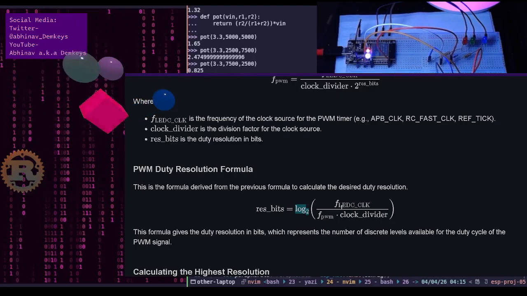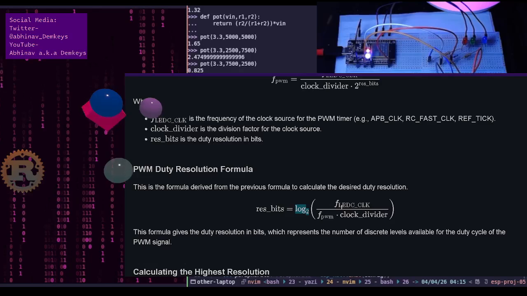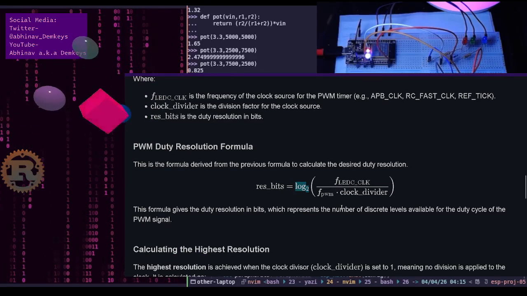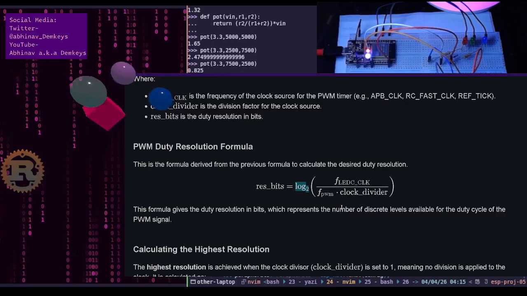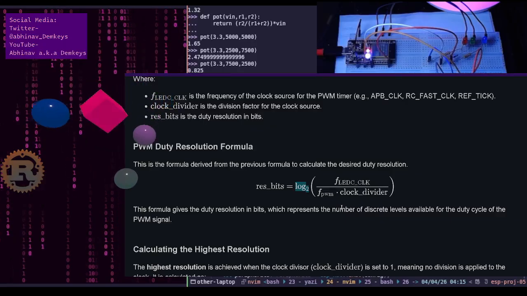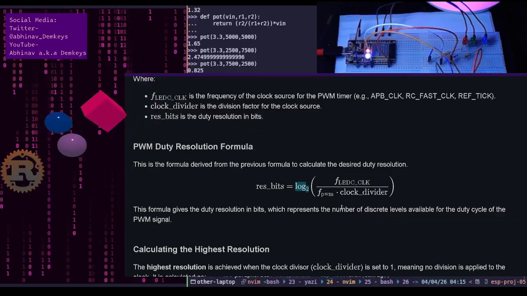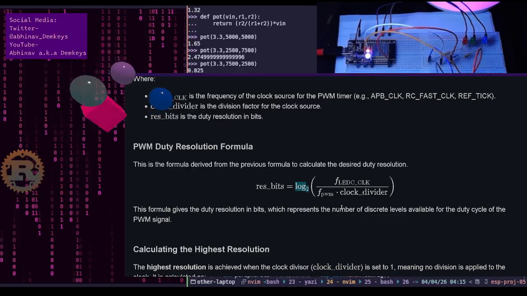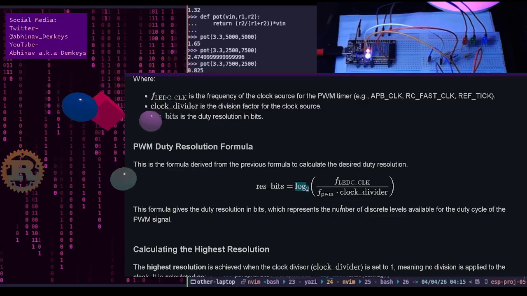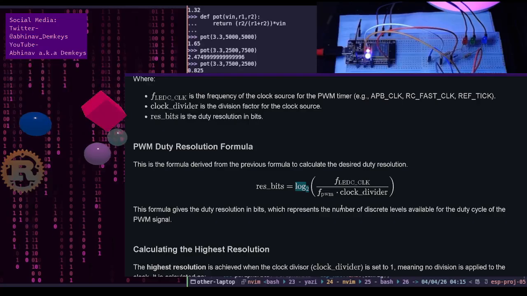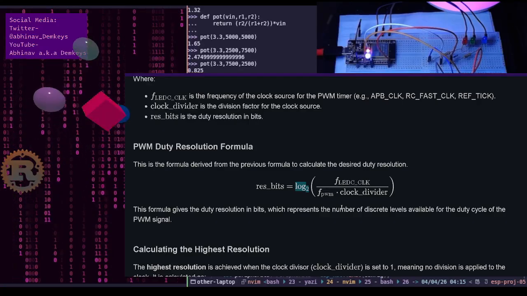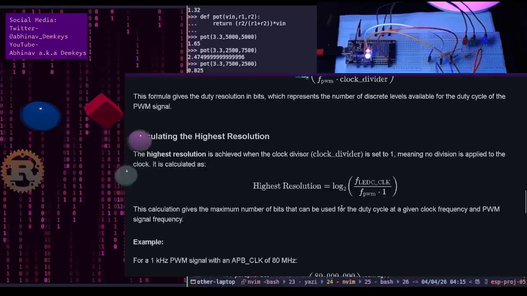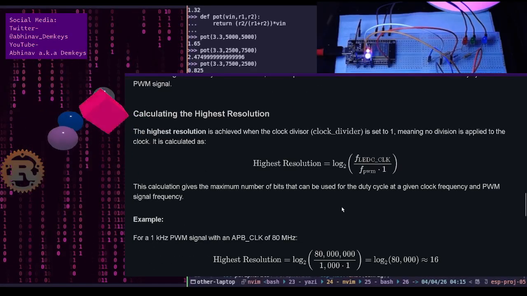And here I'm glad that I know what logarithm is. Okay, this formula is derived from the previous formula to calculate the desired duty resolution. This formula gives the duty resolution in bits, which represents the number of discrete levels available for the duty cycle of the PWM signal. That makes sense?